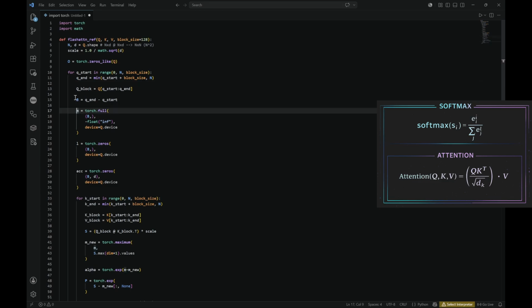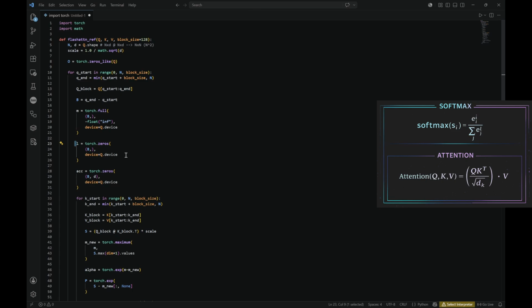But onto M. M is going to be the running maximum score, which is just a 1D vector of shape B. It tracks the highest dot product score found so far in each row. L is going to be our running softmax denominator, which is simply the sum.